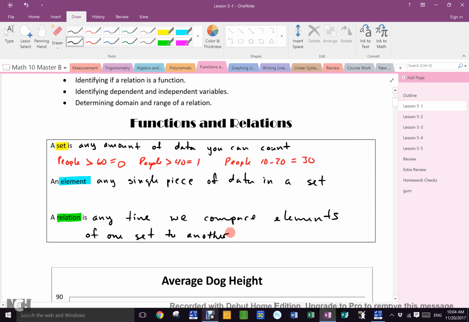Everybody cool? Now, the reason this is important to understand is because people will use this knowledge to make you guys make bad decisions, especially around election time. Politicians really like to compare things that shouldn't be compared. They take 2 different sets and they compare them, and they make it seem like they had something to do with it. Okay?